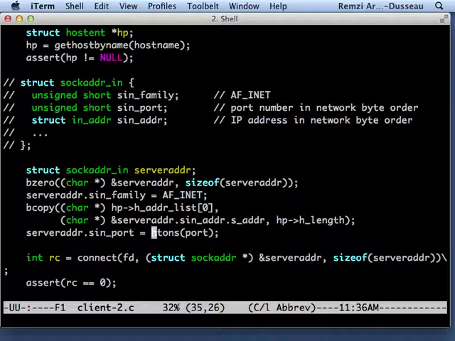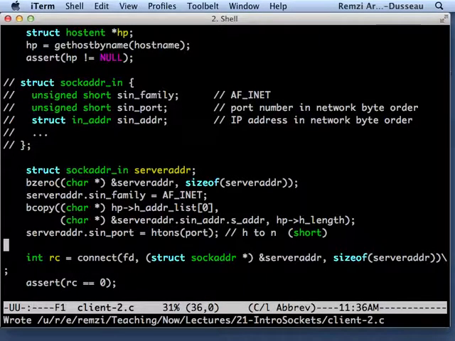Now you'll see a bunch of these things, and this one is pronounced htons, and the short version of it. Short, as opposed to an int or something. What this does is address the problem that when we're communicating between machines, they might not have the same endianness. So remember way back when we talked about endianness, what do I mean by endianness?